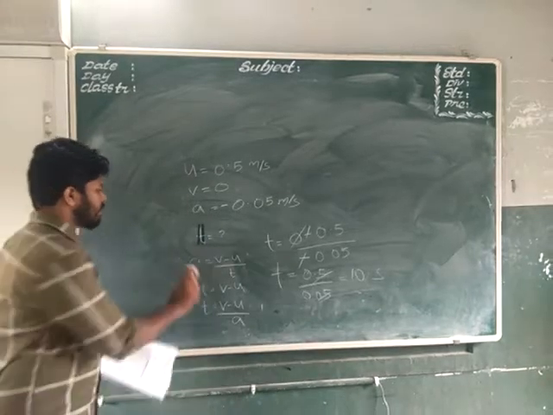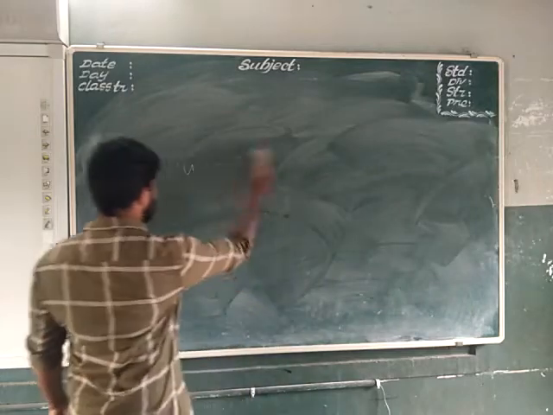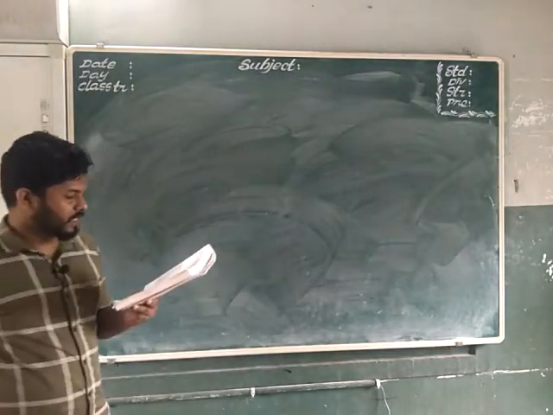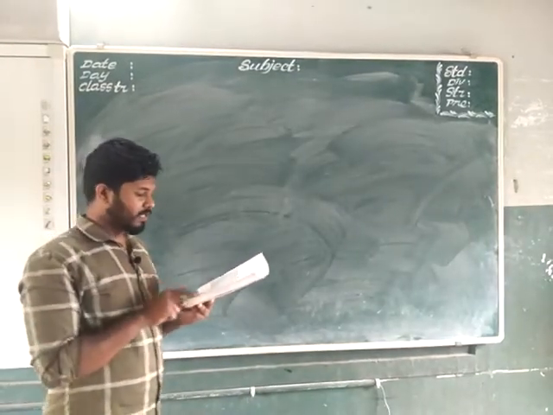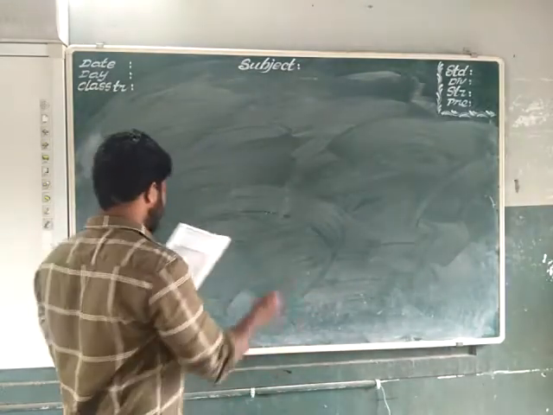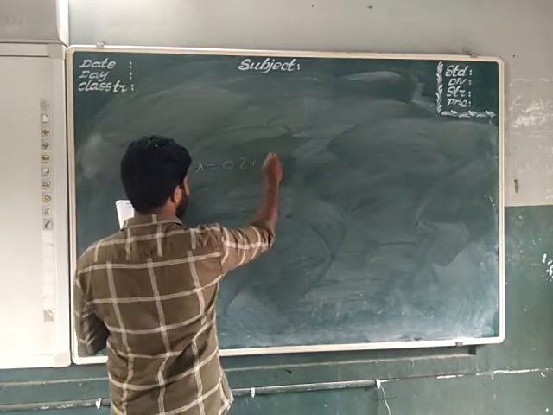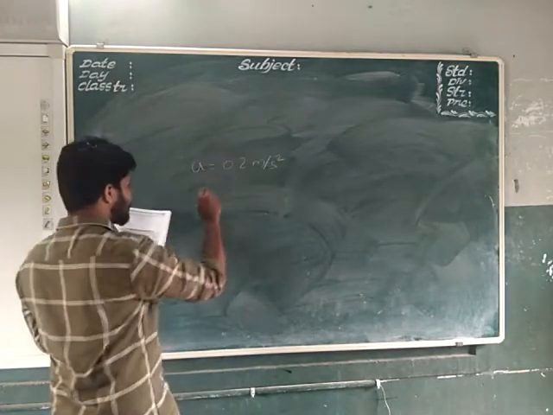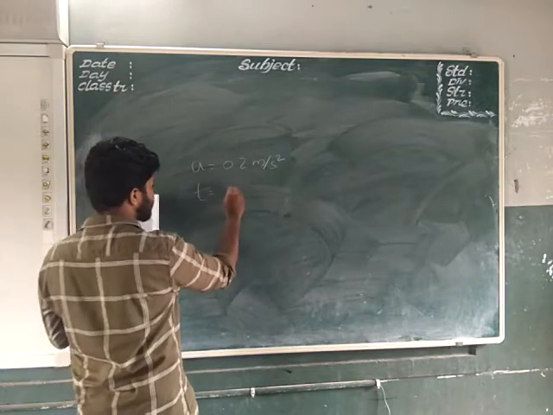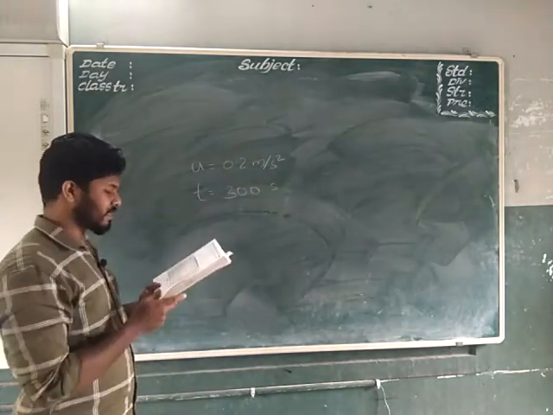A train. The fifth question is, a train starting from rest moves with a uniform acceleration of 0.2 meter per second squared for 5 minutes. 5 minutes equals 300 seconds, so t is equal to 300 seconds.